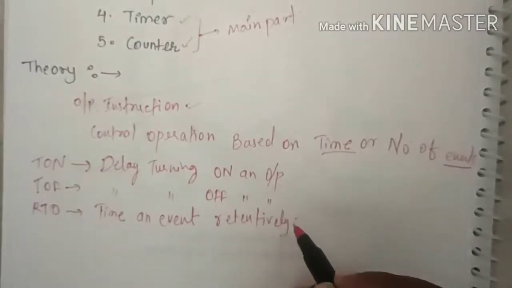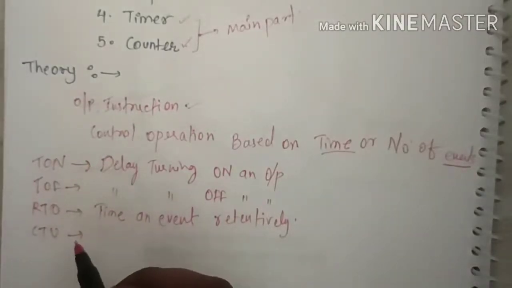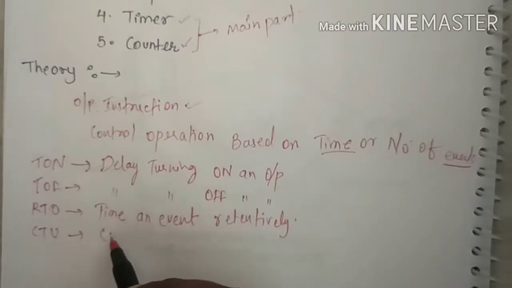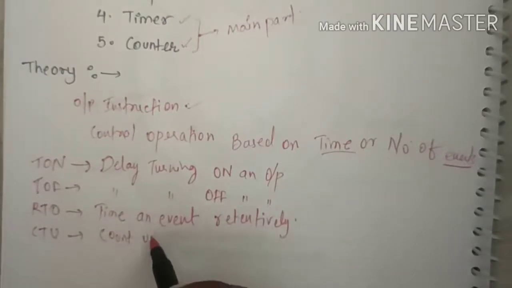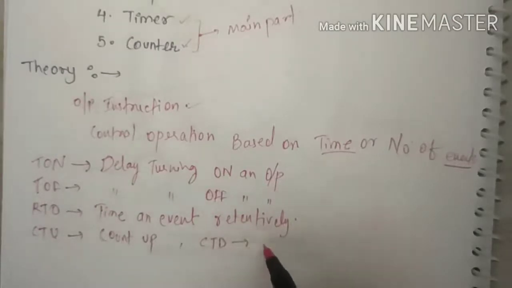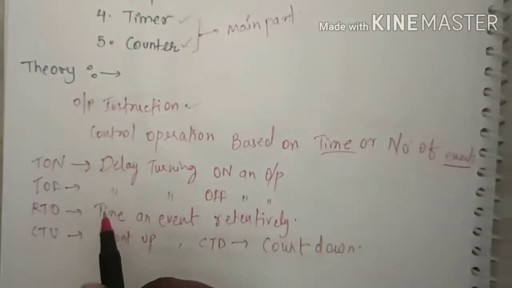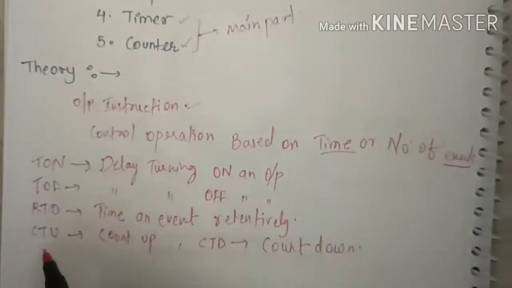Then we have CTU. It is a count up. If it is CTD, then it represents count down. Then RES represents reset the accumulated value.